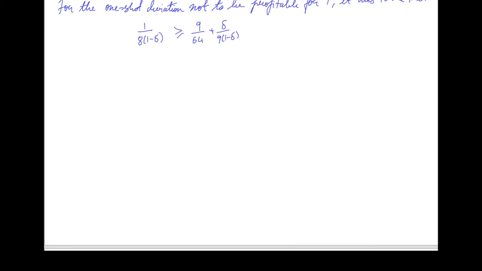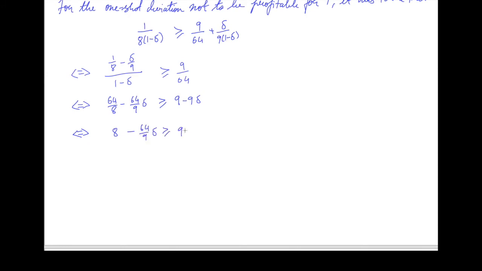This is equivalent to 1/8 minus delta/9 divided by 1 minus delta having to be at least 9/64, which is in turn equivalent to 64/8 minus 64/9 times delta being at least 9 minus 9 delta. So 8 minus 64/9 delta is at least 9 minus 9 delta, which is equivalent to 9 minus 64/9 delta being at least 1. So that means delta is at least 9/17.